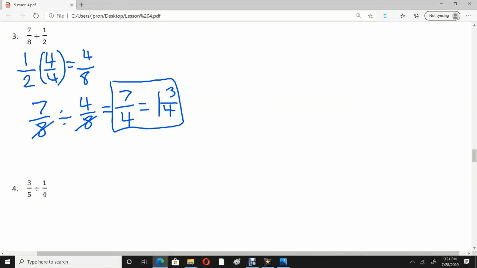So answers would include 7/4 and 1 3/4. Include but not limited to, right? Because there's a million different ways that we could write this. But you probably came up with one of these two answers. If you didn't, please let me know.